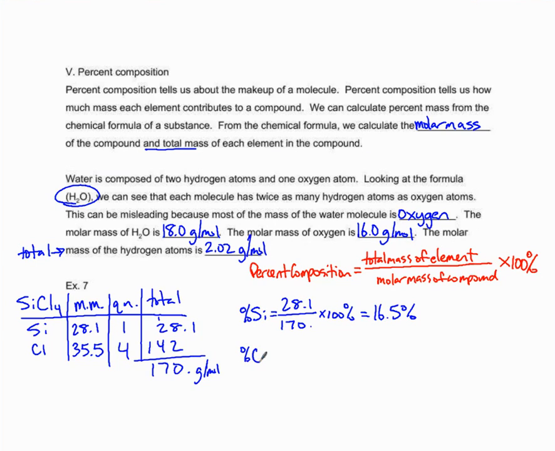The percentage of this compound that is chlorine, total mass of the element is 142, total mass of the compound 170. Times 100 makes it a percentage, and this one comes out to 83.5%.